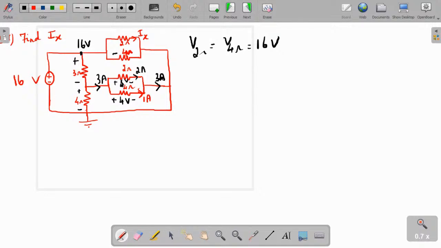So here what is the current? If there is a 16 volt drop, it is going to be 4 ampere. Yes, are you with me? Anyone? Be a bit more interactive.